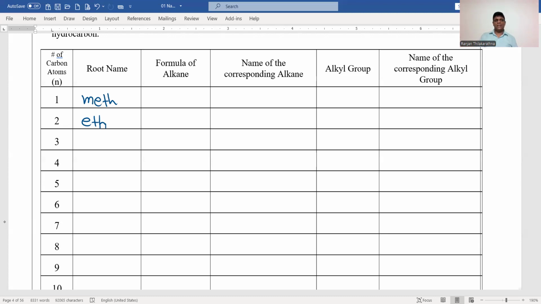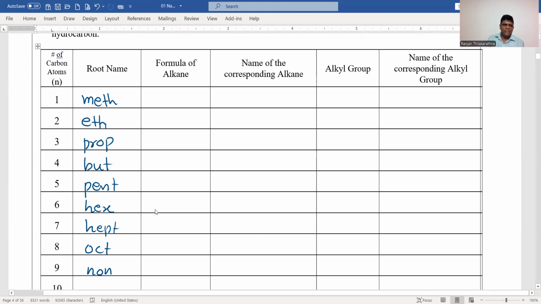If you have only one carbon in that compound, it is meth. 2, eth. 3, prop, P-R-O-P, prop. 4, but. But is written like but, not B-U-T-E. It is just B-U-T, but. Having 5 carbons, pent. 6 carbons, hex. 7 carbons, hep. 8 carbons, oct. 9 carbons, non.